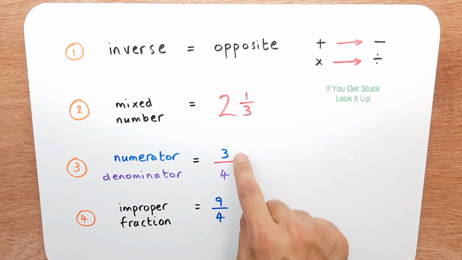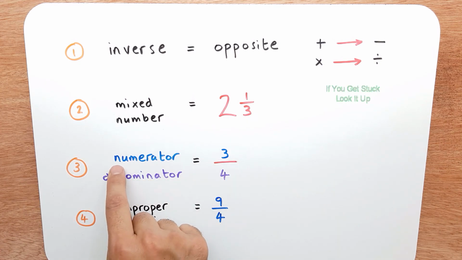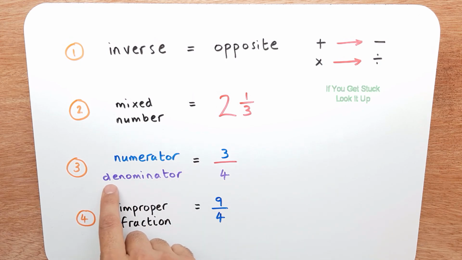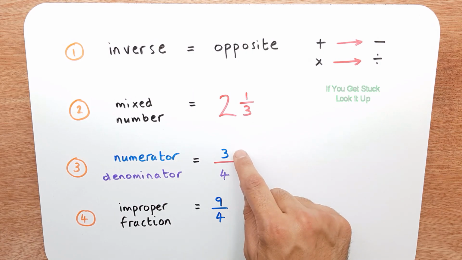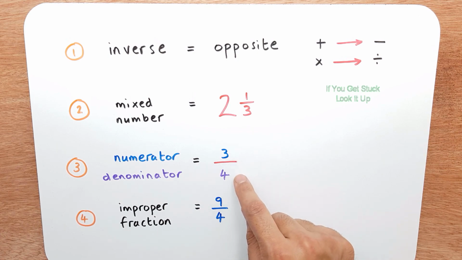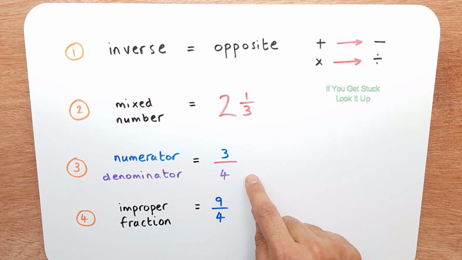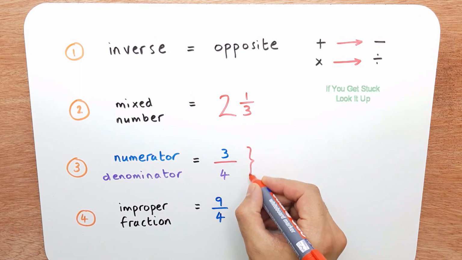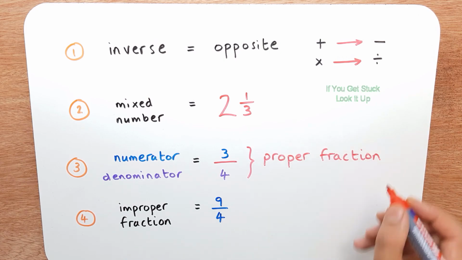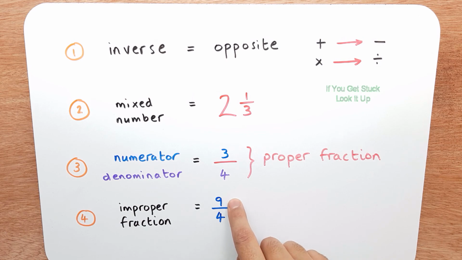In a fraction, the top part is called the numerator, and the bottom part is called the denominator. And if the top part is smaller than the bottom part, if the numerator is smaller than the denominator, it's called a proper fraction. And if the numerator is bigger than the denominator, it's called an improper fraction.